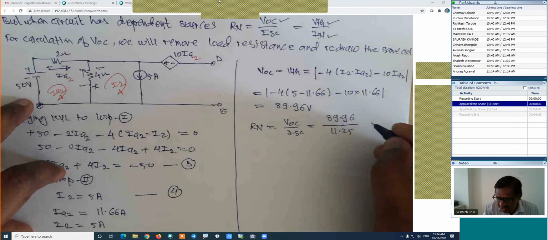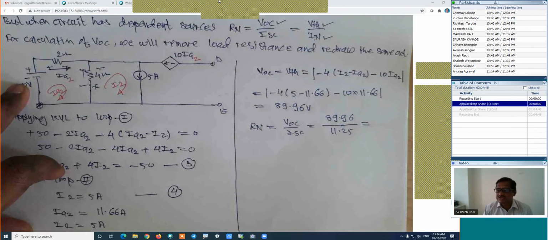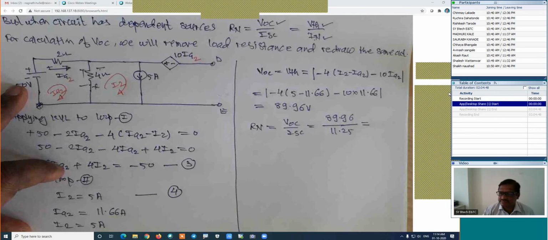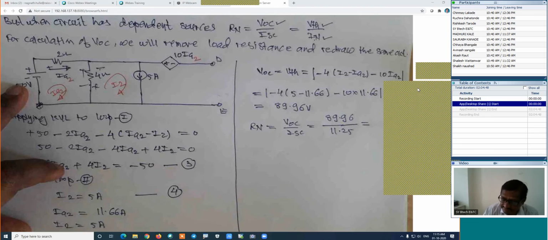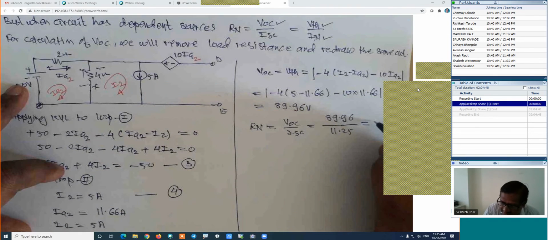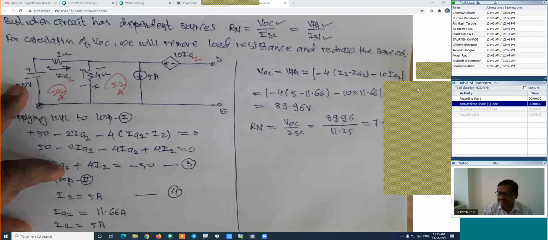Work out this calculation and find out the RN, which is the Norton's equivalent resistance. How much? 7.99. 7.99 ohm is the value of Rn. Yes, Avinash. Correct? Correct, sir.